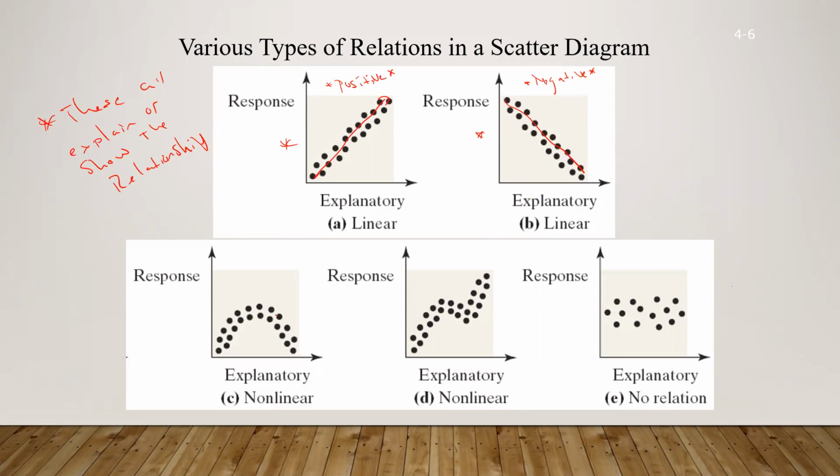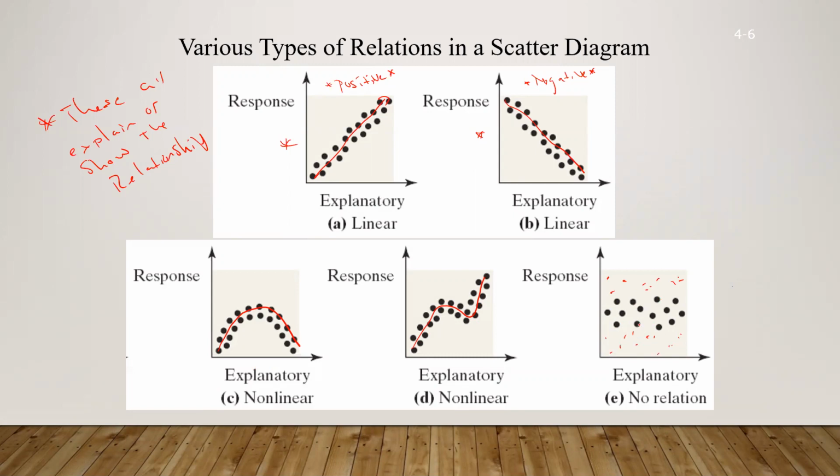These next two types, we're not going to necessarily see in this course, but when you look at something like this, it looks like a parabola, okay? This does explain the relationship. It's just saying, hey, this is a non-linear relationship. This one here, if any of you have taken an algebra class, looks like a cubic. It's definitely explaining it. It looks like a non-linear relationship. And if you have a scatter plot that's just all over the place, I'm just going to add a few more dots in here, okay?